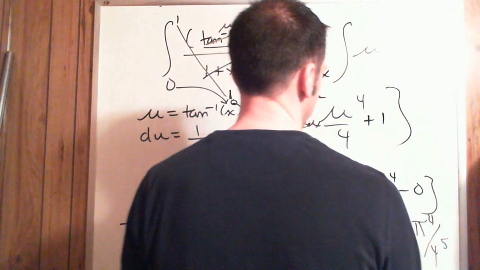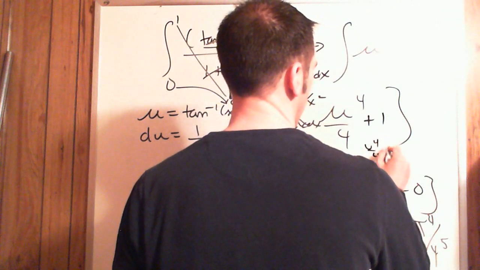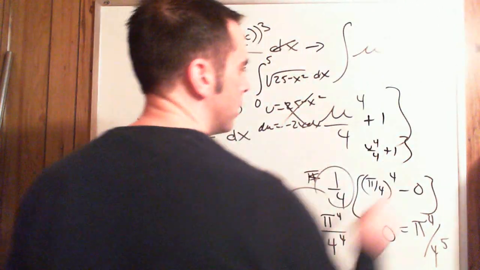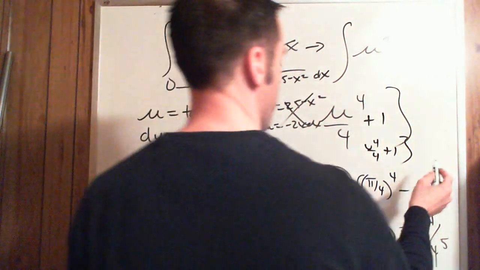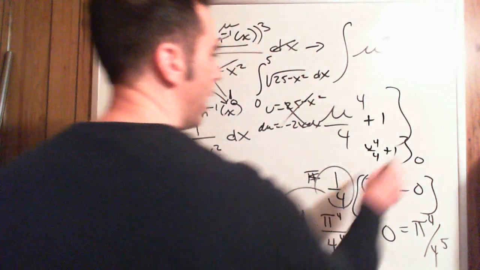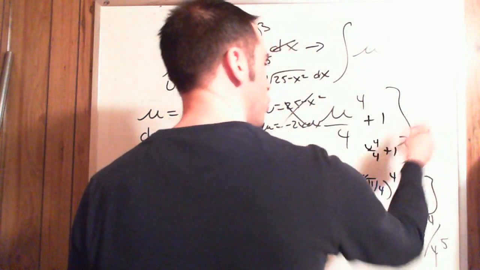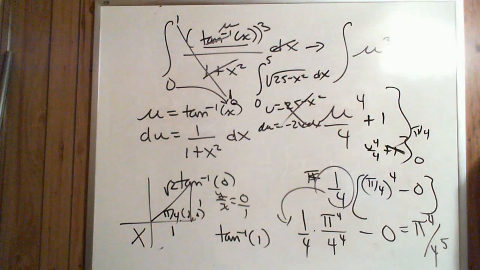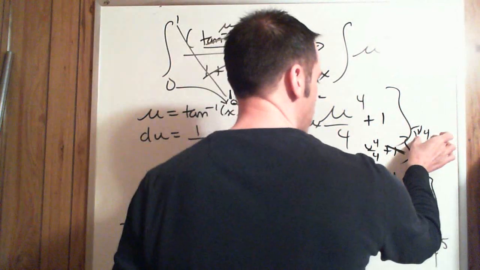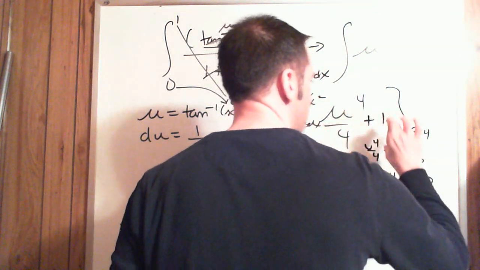So if I attach this, u to the 4th over 4 plus 1, when I put my limits of integration in from 0 to pi over 4, when you put these in and subtract, the constant's only going to drop out. So that's why it's not necessary to put in a constant in your antiderivative, because through the evaluation process, the constant's only going to subtract out when we put the upper limit into this minus the lower limit into that.